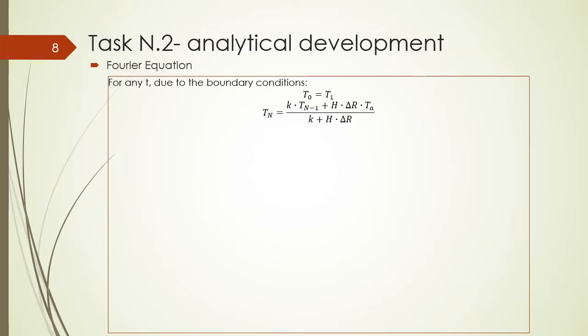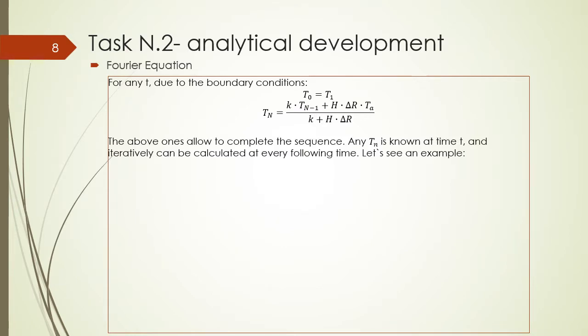They both come from the initial conditions if we use the numerical form. It means that now Tn, with n small changing from 0 to N big, is known at the time t, and then by iteration can be calculated at any following time.